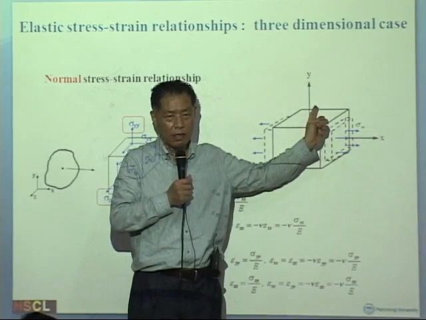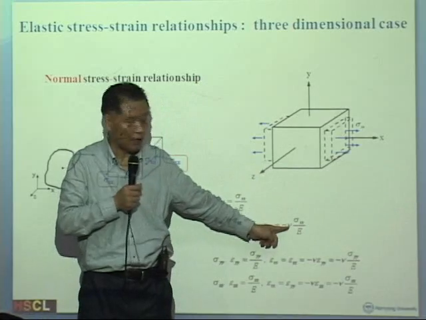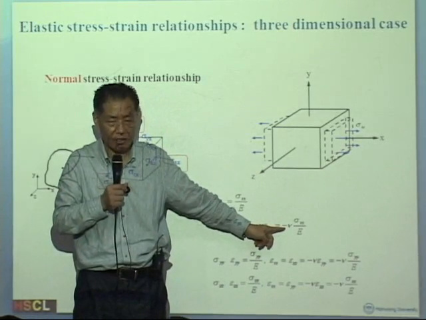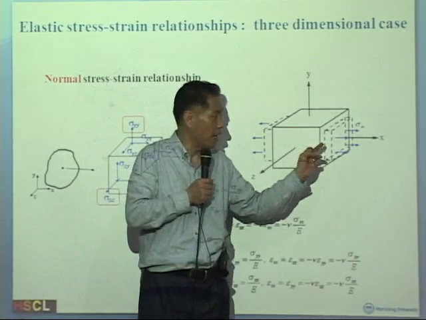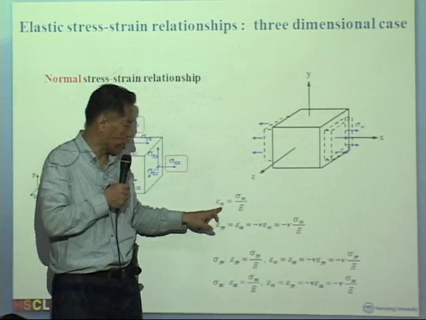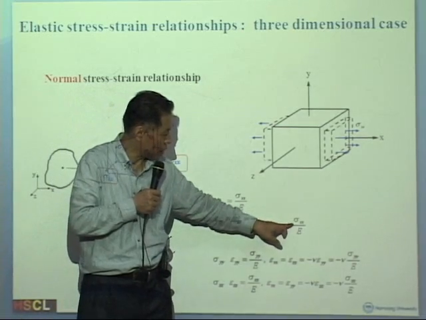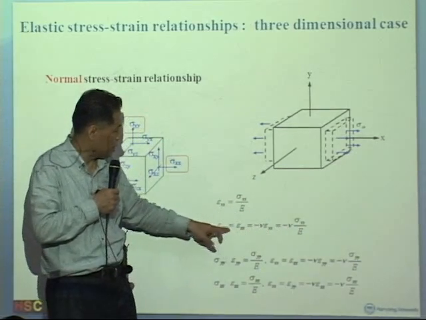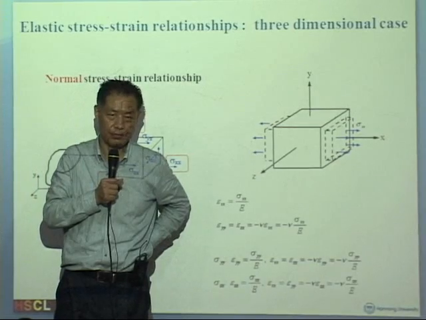But for epsilon yy and zz, we have the Poisson's ratio, right? There is a ratio called Poisson's ratio, the ratio between x-directional strain and y-directional strain. And for the x-directional strain, we already have epsilon xx, so we just multiply Poisson's ratio times this epsilon xx. That is epsilon yy or epsilon zz.